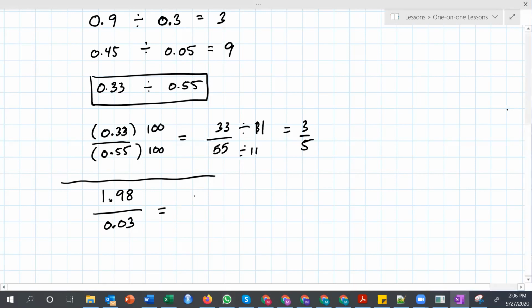Do you get to this step right here? Yeah, I got to this step.